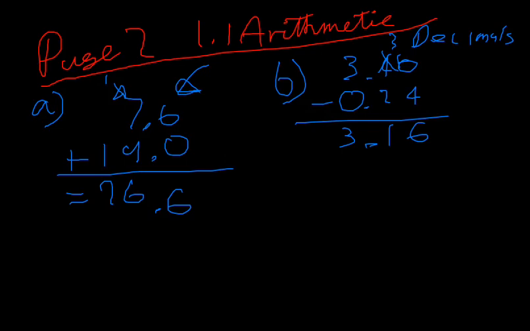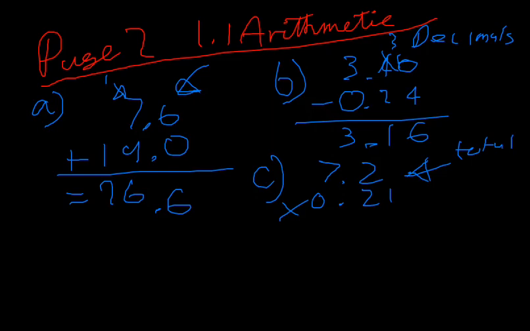Let's do C. This is the multiplication question. C. Okay, we've got 7.2 times 0.21. So we need to know that we have a total of 3 decimal places.